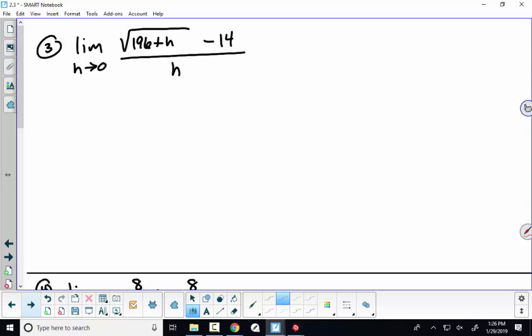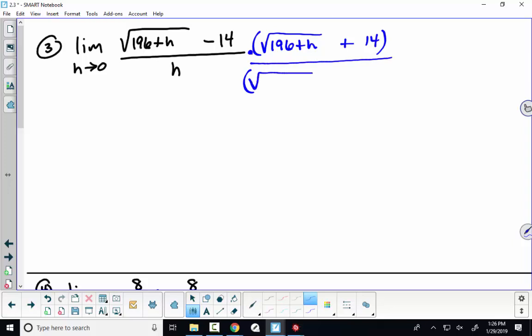So we did already allude to our method here. We're going to multiply by the conjugate of the numerator, and we're going to do that to the top and bottom.